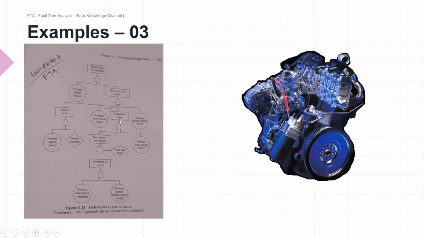Another one is fuse failure, I mean, fuse fails open. Again, OR gate. Secondary fuse failure and primary open. Again, you can go further down like this and find the causes.